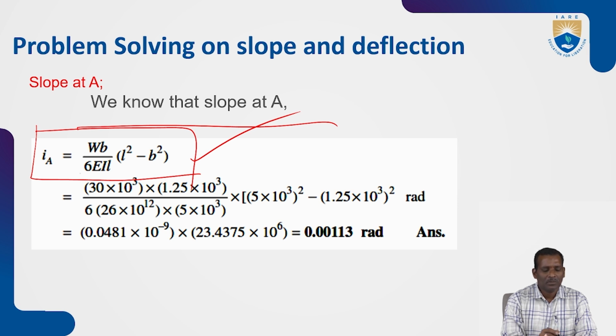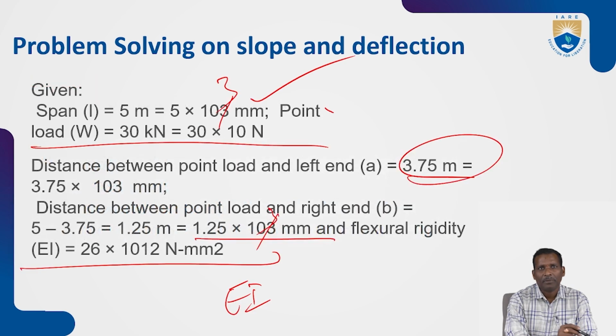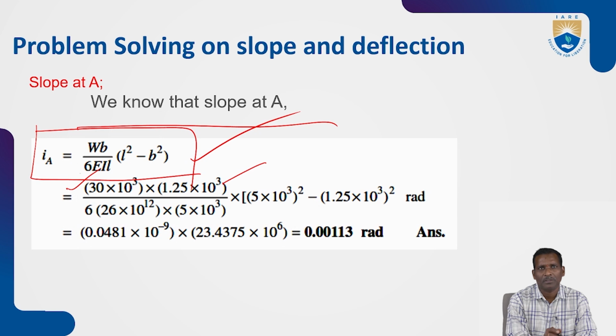Now substitute the W value, similarly the B value. So what is the B? The B is the distance from the right hand side. The total distance is 5 minus 3.75, you get 1.25. So that value you need to substitute here.